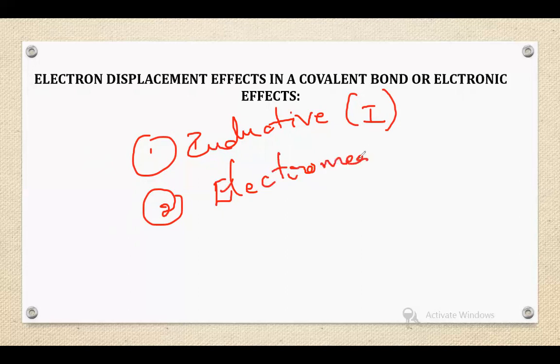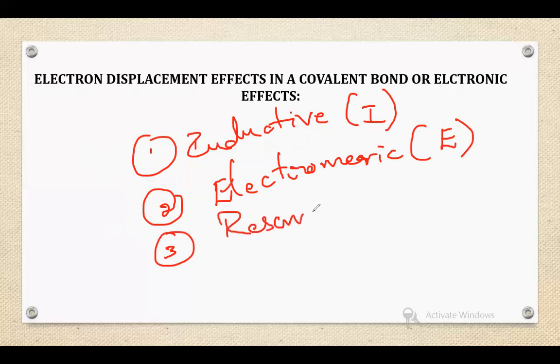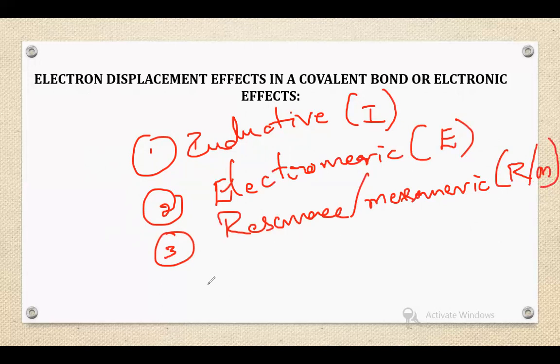Electromeric effect is represented with a capital letter E. The third one is resonance effect. Resonance effect is also known as mesomeric effect. This is represented with a capital R or a capital M, both the same.